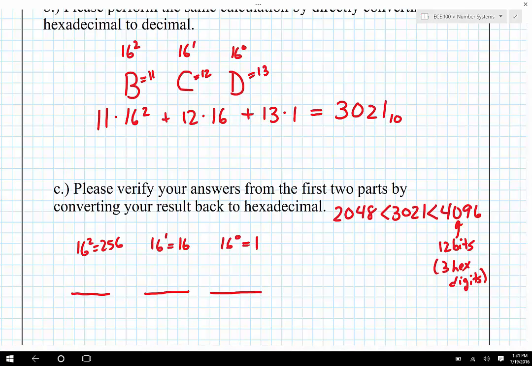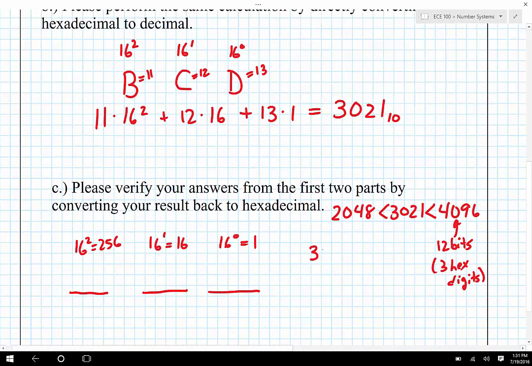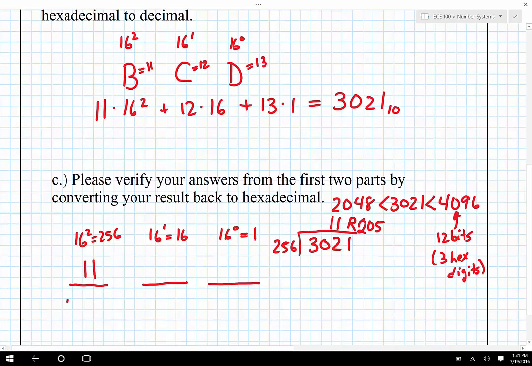Well, certainly the answer is yes. So I have 3021 divided by 256. And I'm just going to go ahead and spoil the answer here. Without showing you the full long division, it ends up being 11 with a remainder of 205. So 11 goes in this space with a remainder of 205.